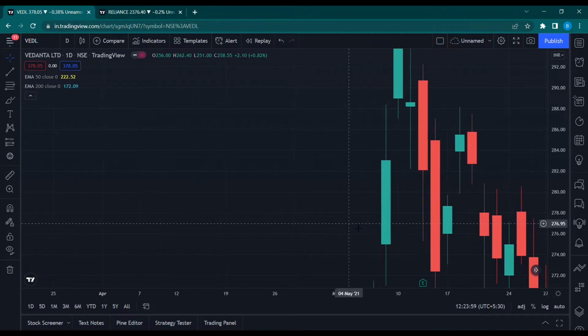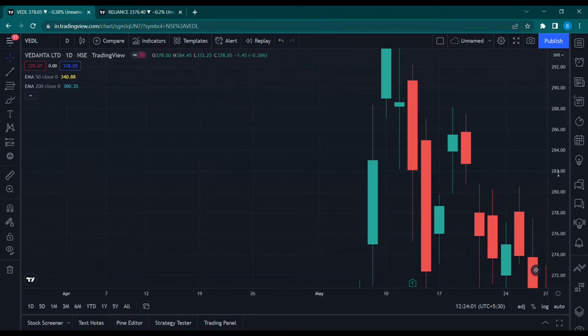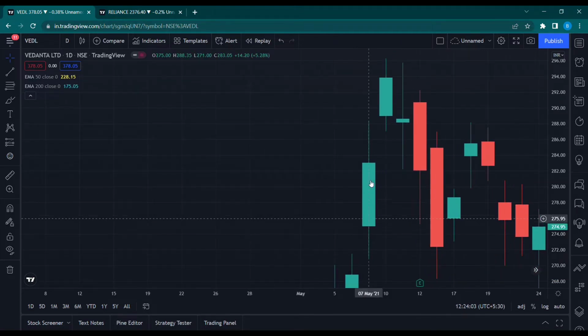As you can see here, the prices have moved up. Since it is green, that means the prices have opened at a lower level and closed at a higher level. Similarly, in case of a red candle, you have prices opening at a higher level and closing at a lower level, so the net price movement is on the downside, negative.